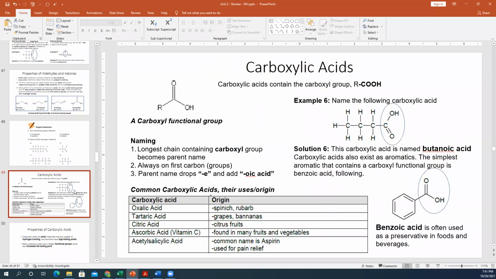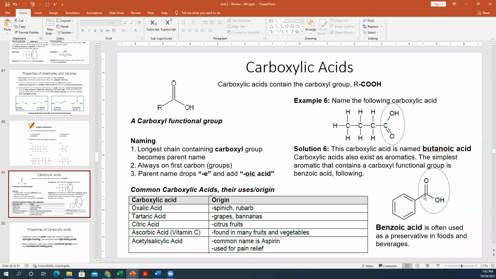So yeah, review and remember how to name your groups, your carboxylic acid groups. Remember that if you have this COOH group, it's a carboxyl group, and it gets an ending of oic acid. So this one, for example, is butanoic acid, because of the COOH here.